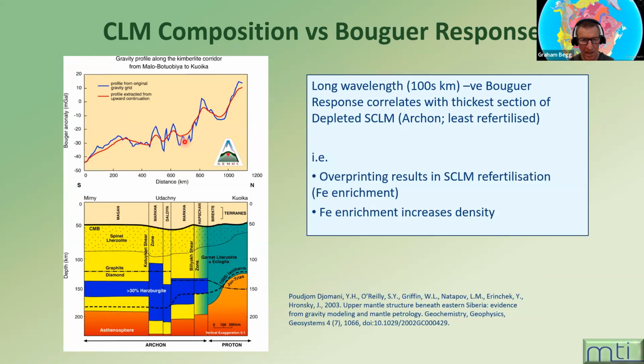So you can see it's a really long wavelength negative Bouguer feature. Whereas when you cross over some major structures and into this more fertile zone of continental mantle, you'll see that this more iron-rich mantle is expressed in the gravity as a much denser feature.